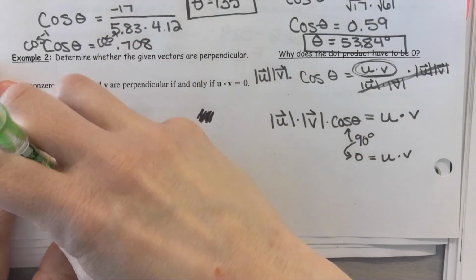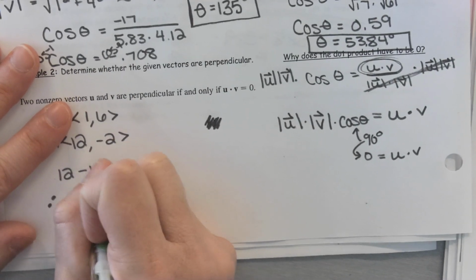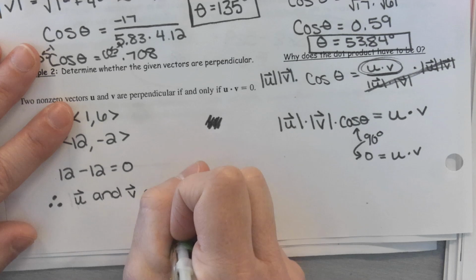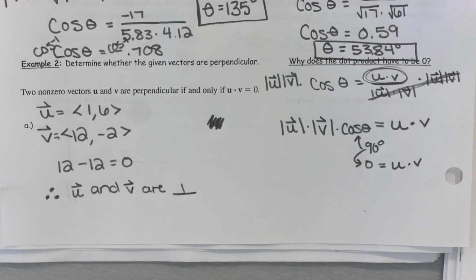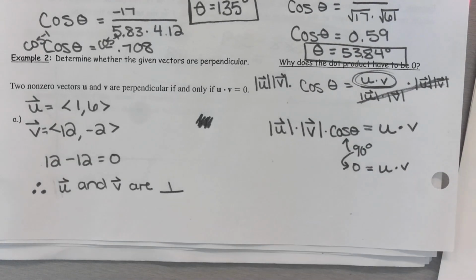So therefore, vector u and vector v are perpendicular. And again, we have that little proof off to the side about why that's true. Flip when you're ready. We're almost done.